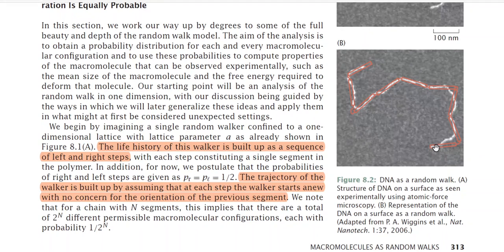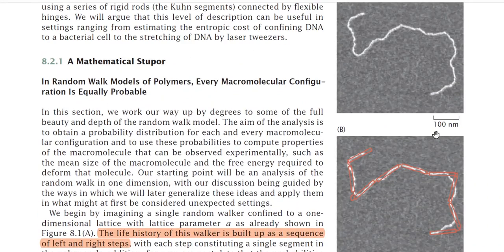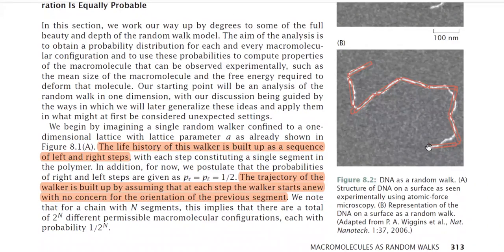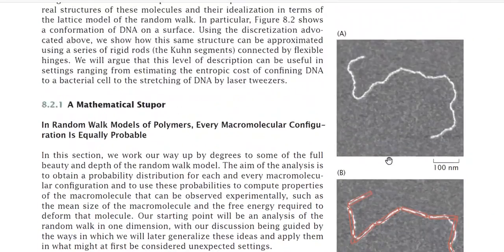So, what we are doing here is idealizing this particular distribution of the segments. You see these are the different segments. We are assuming that the segments are distributed in this way, as a random walk model of DNA on a surface.